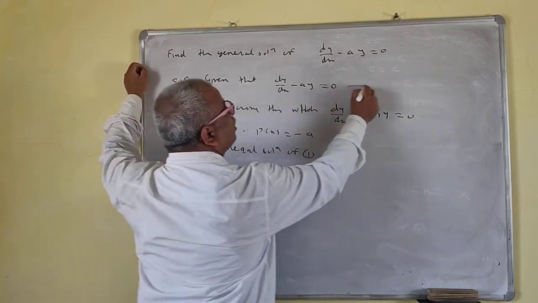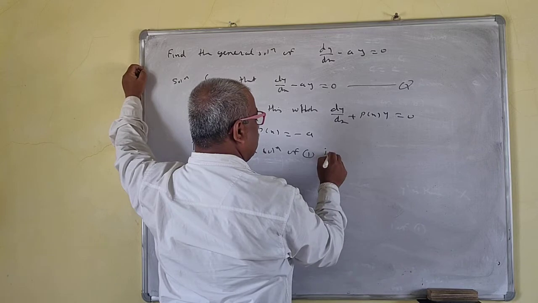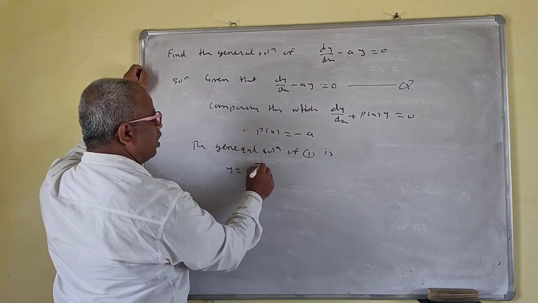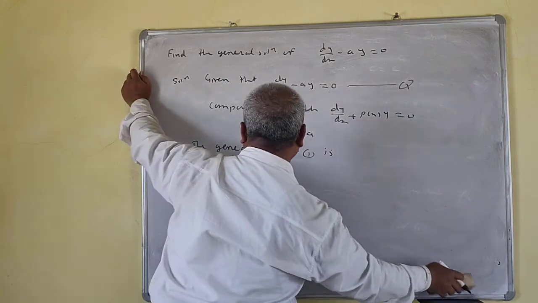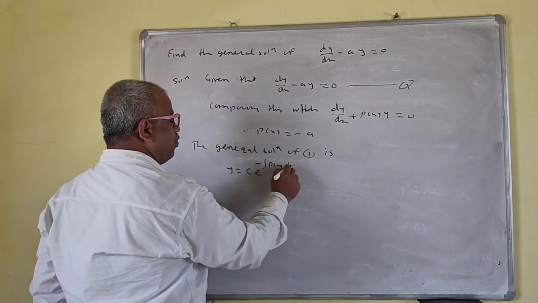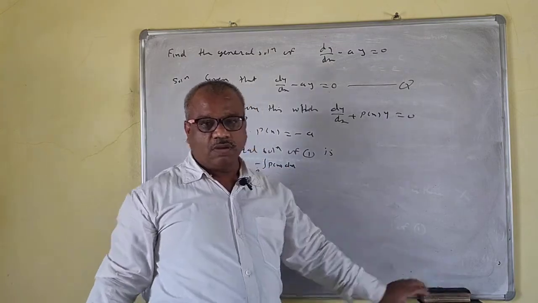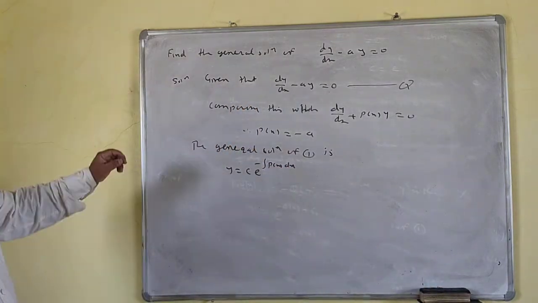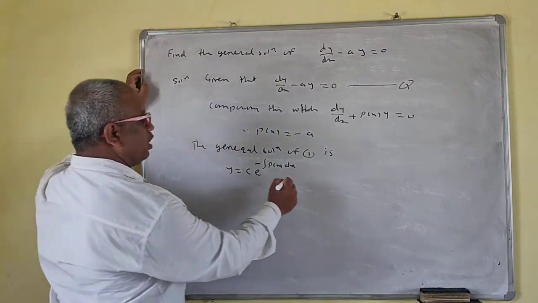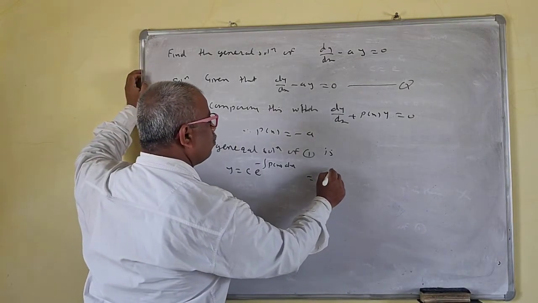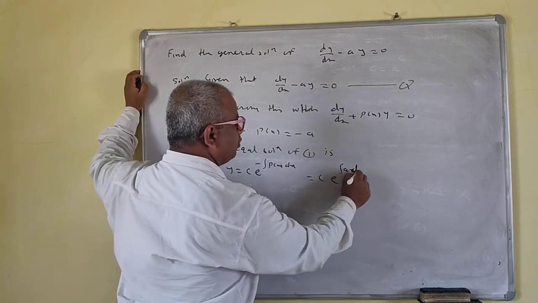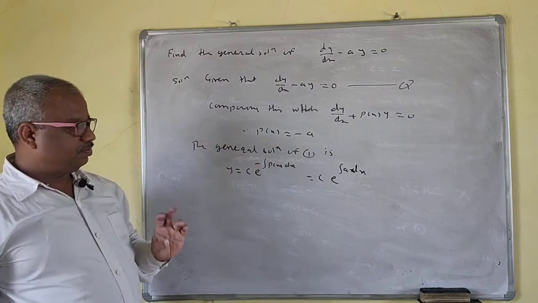The general solution of 1, we'll call this 1, is y is equal to c e raised to minus phi of x. Phi of x is nothing but the integral of p of x dx. So this is c e raised to minus, that means e raised to minus minus a dx, which becomes plus a dx.